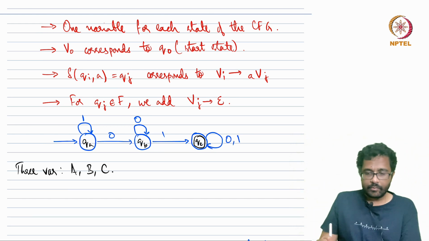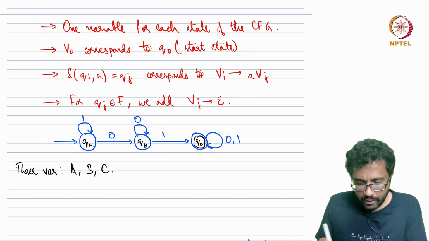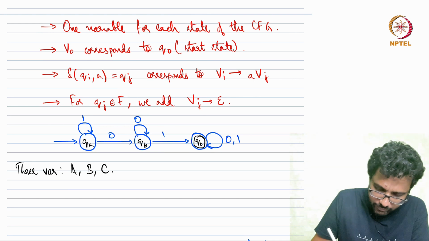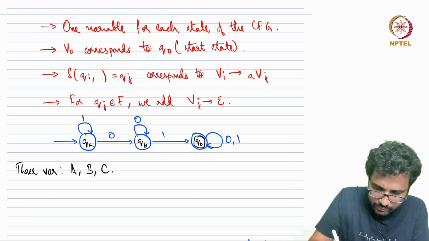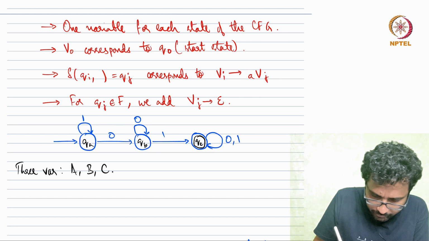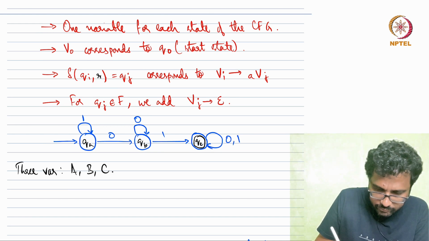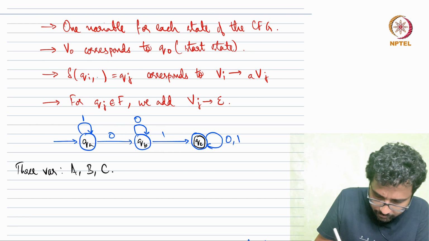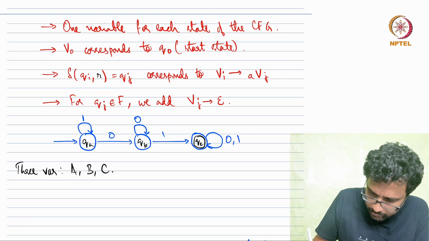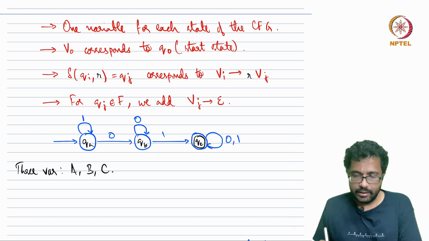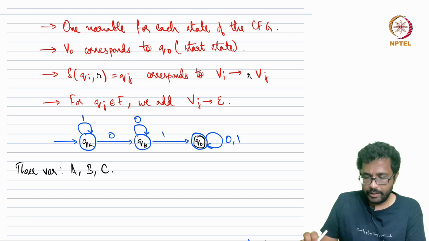And to simplify further, I'll say delta of Qi, r equal to Qj gives us Vi yields r Vj.